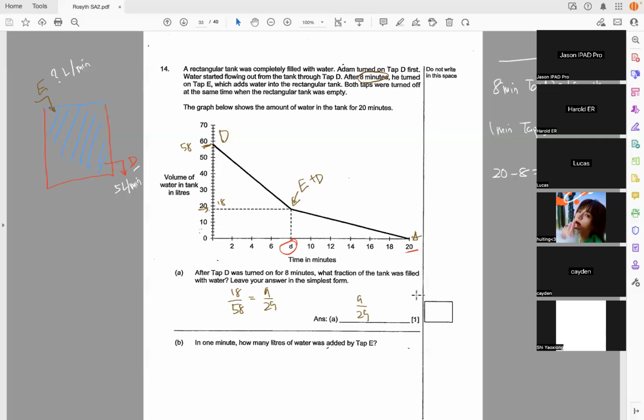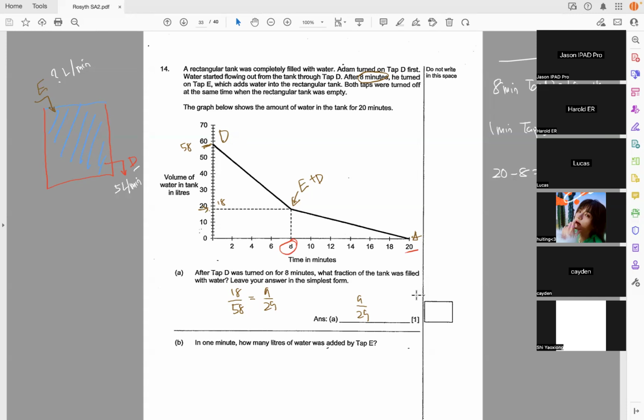Tap E has turned on for 12 minutes. Okay, during these 12 minutes, tap D is still turned on. Okay, so there is water flowing into the tank from E, and there's water draining out from the tank from D. For 12 minutes, the whole tank becomes empty.